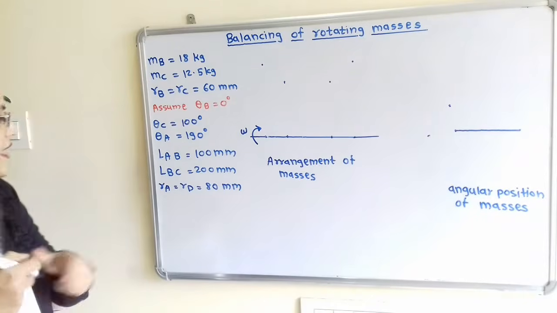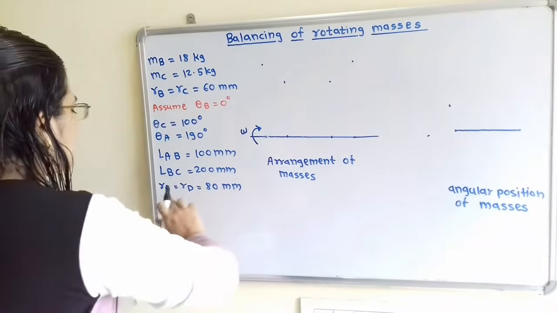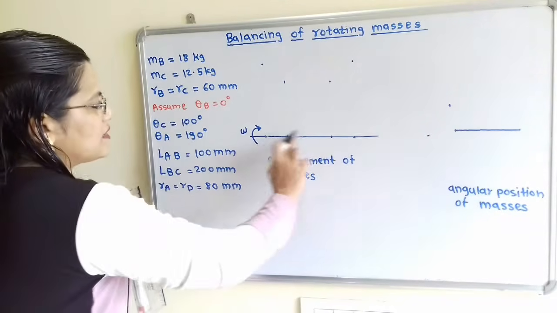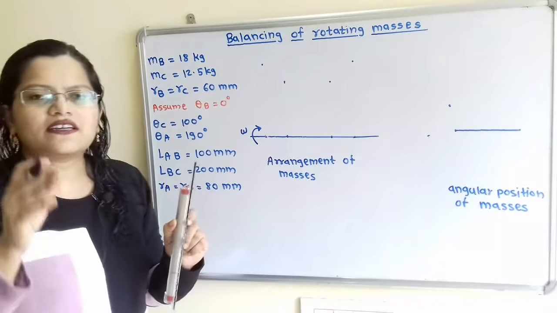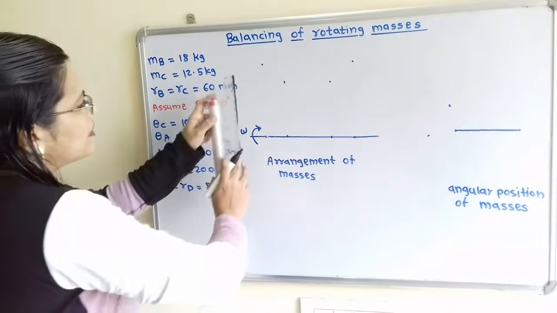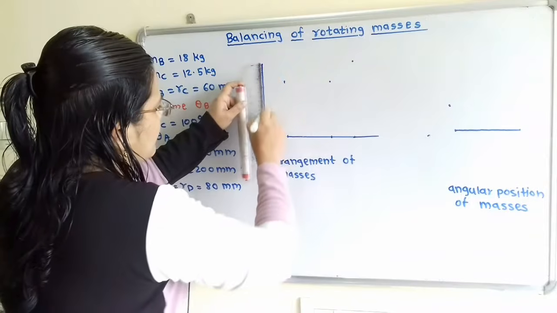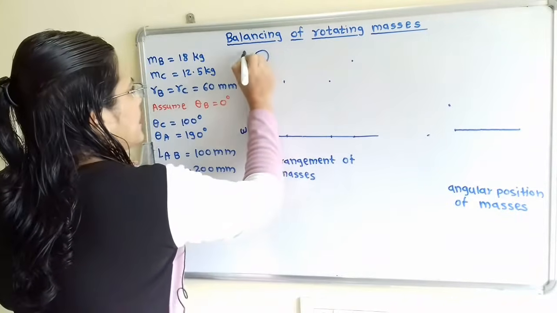So we will first take this mass A. So for this mass A, eccentricity is 80 mm, that is the vertical distance about this shaft is 80 mm. So we will consider here with scale, that is 8 cm. So for 80 mm we will draw here one line for 8 cm and we will show this as a MA.